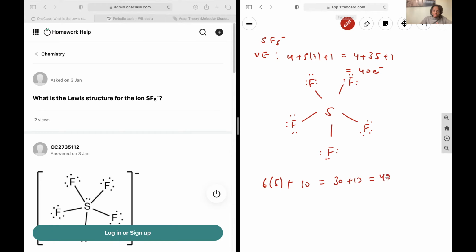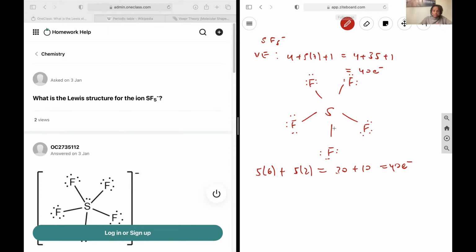And so I have all of my 40 electrons this way. I just want to ensure everything. And so all of my electrons are taken care of this way.